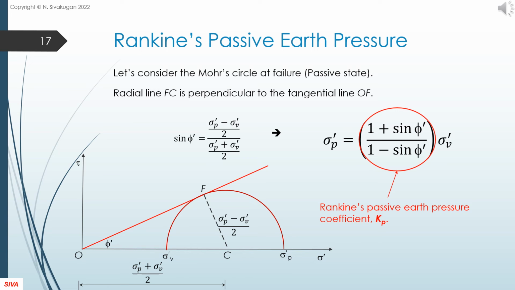From trigonometry, we can show that sigma p' equals a constant Kp times sigma V'. Kp is Rankine's passive earth pressure coefficient.